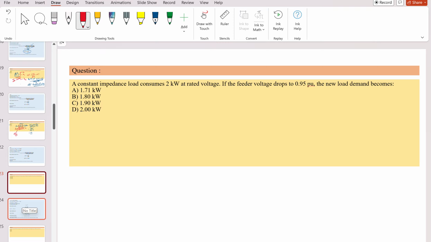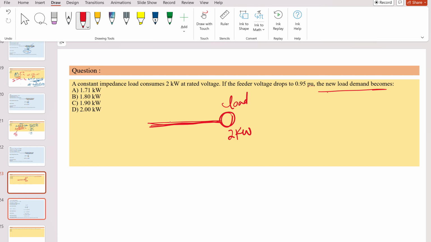New load demand means that you have a load here, a load of 2 kilowatt, and a feeder which is feeding this load, and it already has a voltage drop in this line, equal to 0.95. So from this end, the load is not 2 kilowatt. This loss is also to be accounted for. That's why it is asking what the new load demand becomes.